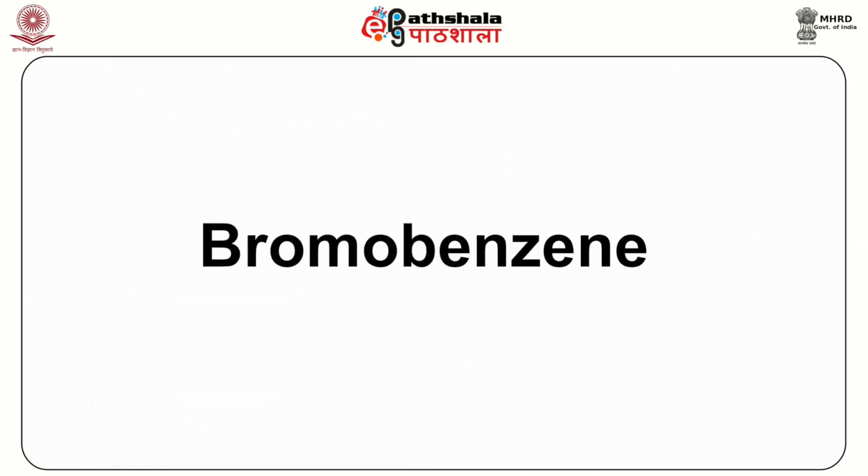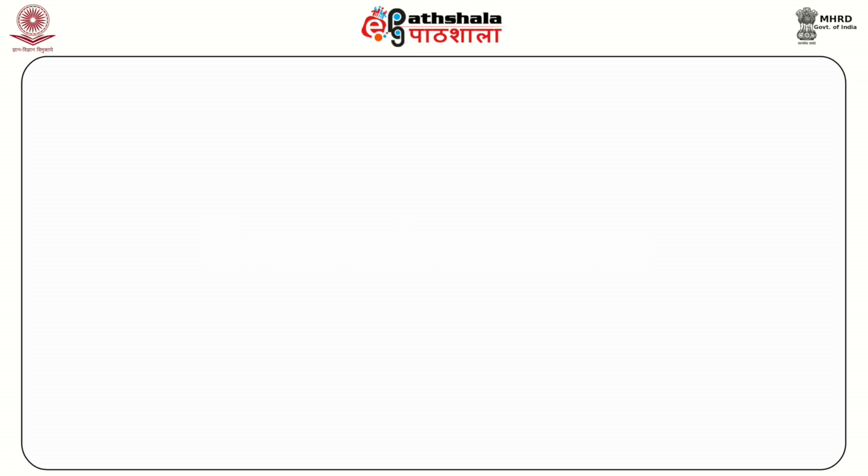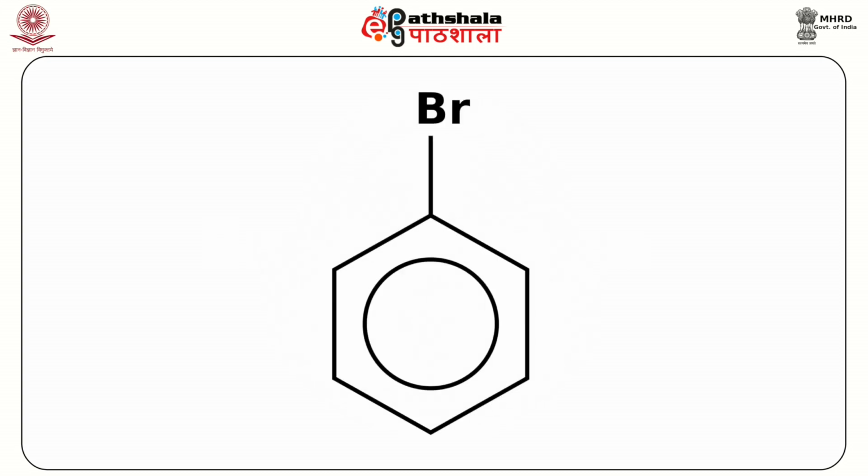Bromobenzene, chemical symbol C6H5Br. It is an aryl halide formed by electrophilic aromatic substitution of benzene using bromine. It is a clear, colorless, or pale yellow liquid with density 1.5 gram per cc.